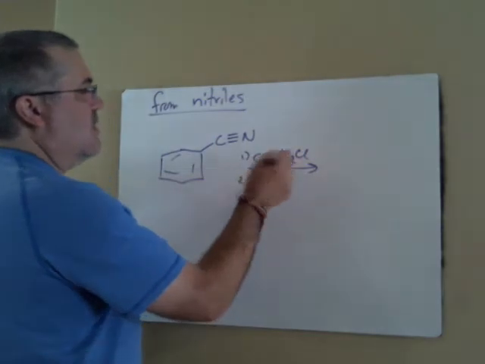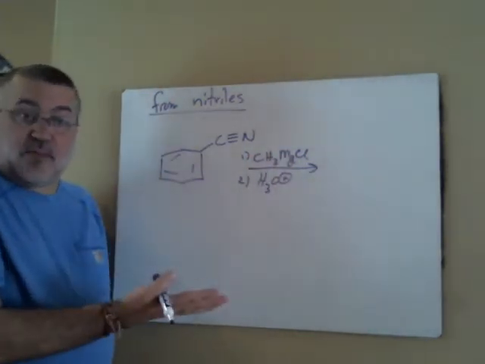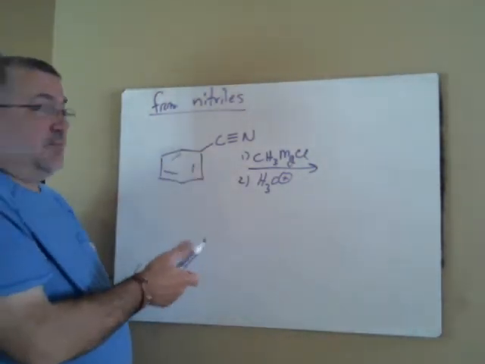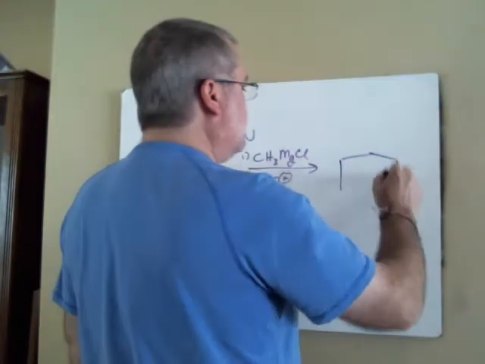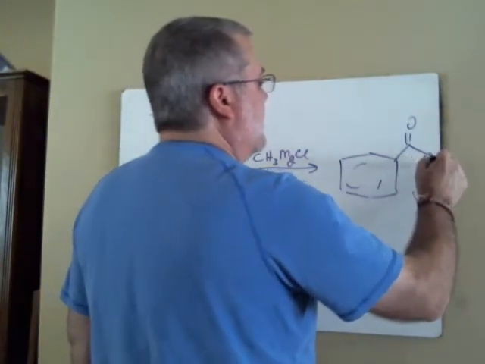So that's what your flashcard would have, these reagents. What's typical for a Grignard reaction. What's different is it's on a nitrile, and the result of that is going to be the formation of the ketone.